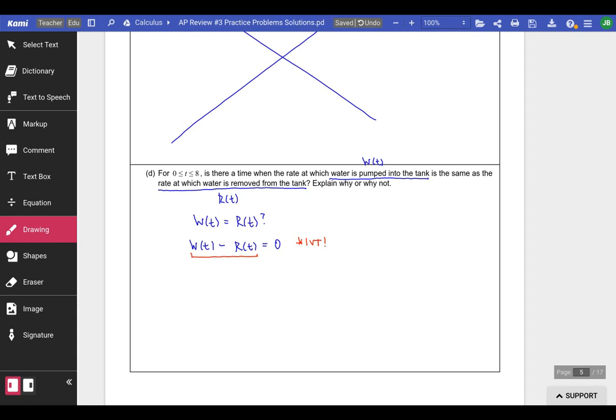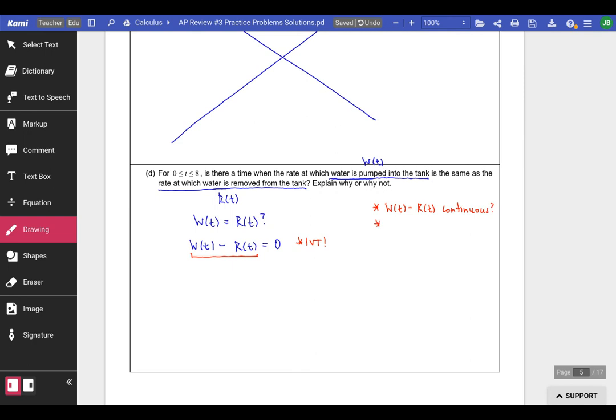So that's IVT. For the conditions, if I'm going to use IVT, I'd have to show a couple of things. I need to know, is this function W of t minus R of t continuous? That'd be the first thing.